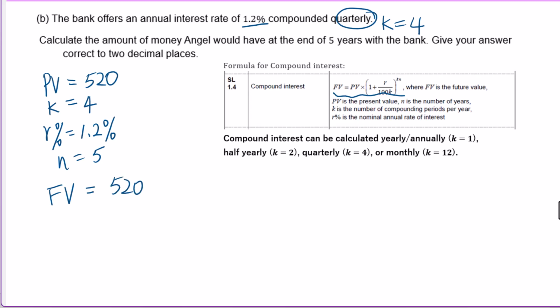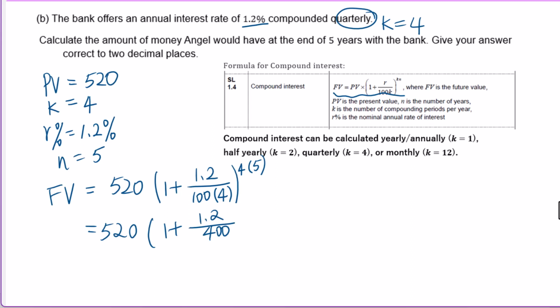So FV equals 520 times (1 plus 1.2% over 4) to the 4 times 5 power. Organize: 520 times (1 plus 1.2 over 400) to the 20th power.